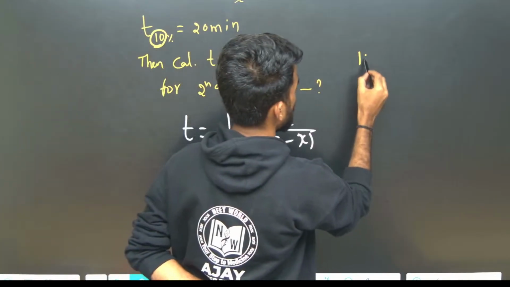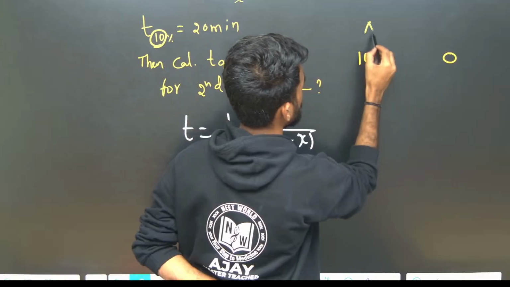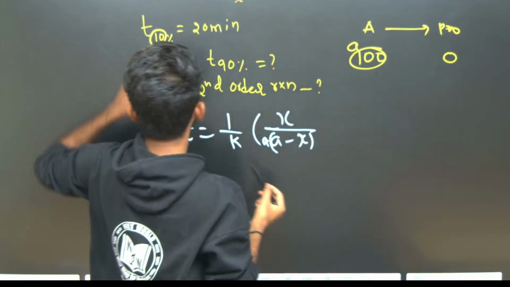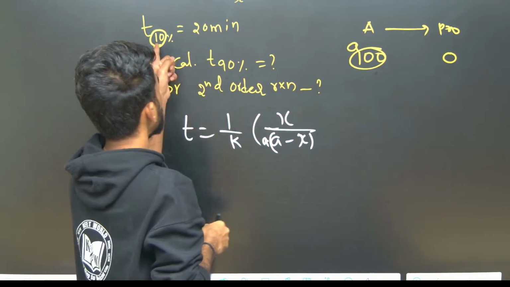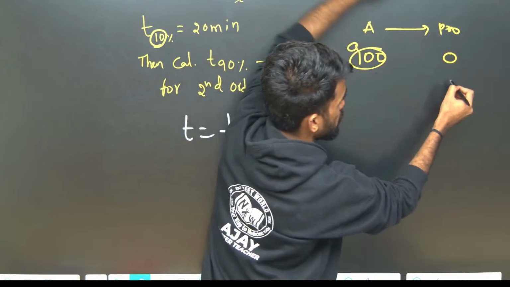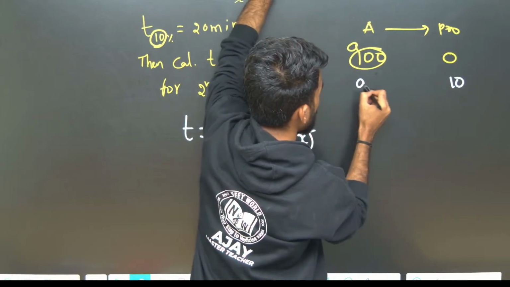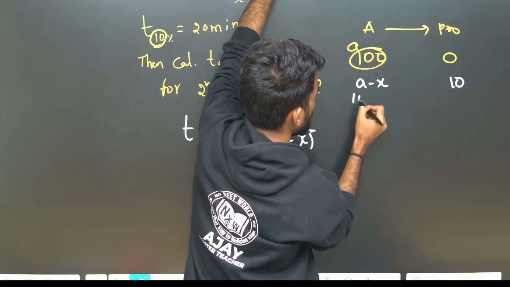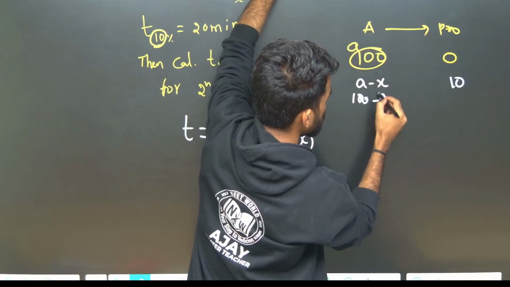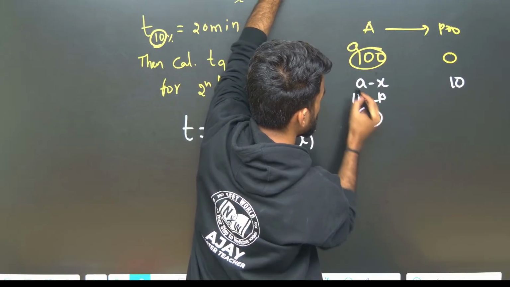If it is 100, reactant is converting into some product, so a is 100. Time required for completion of 10% means from 100%, 10 is converted into product. So here a minus x is how much? A is 100 and x is 10, so your remaining a minus x value is 90.